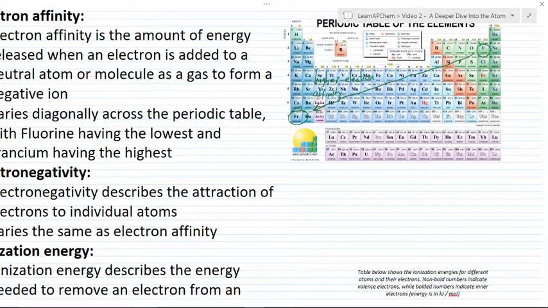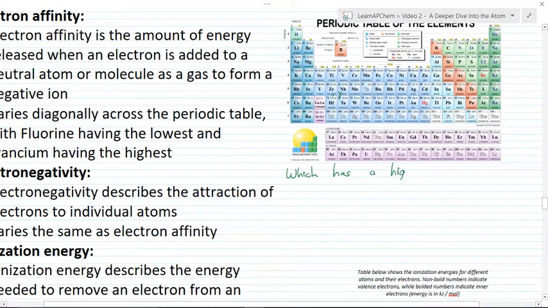So it's important to note that this is a diagonal trend. What trips a lot of people up is, let's have an example. Which has a higher electron affinity: lithium or carbon?